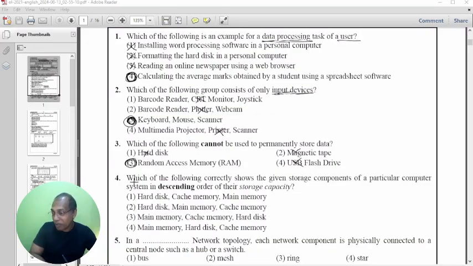Which of the following correctly shows the given storage components of a particular computer system in descending order? So if it's in descending order, we need to look at the storage medium that has the highest capacity, right? So what are the things that have the highest capacity?